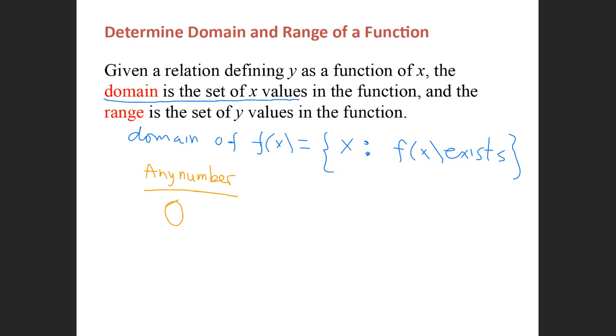Also, if we have the radical of a negative number. So if you are given the rule of f of x, you have to avoid these cases.